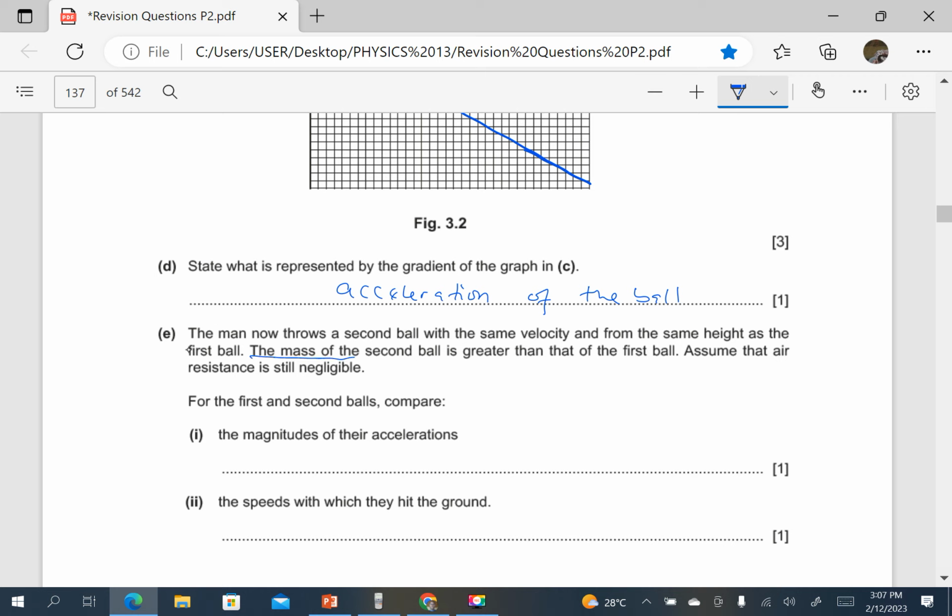The mass of the second ball is greater than that of the first ball. Assume that air resistance is still negligible. Compare the magnitude of the acceleration. This one is the same, because it is not dependent on the mass.